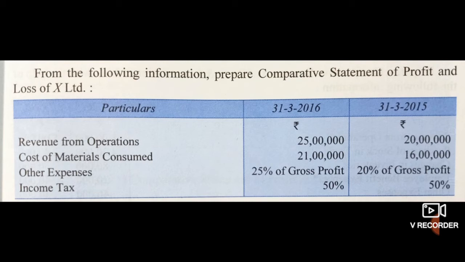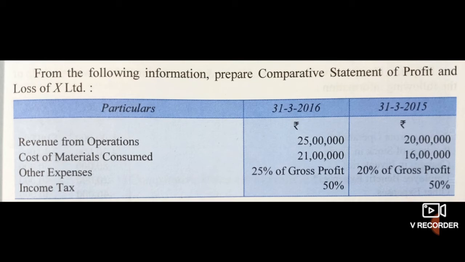Revenue from operations is given here, 25 lakhs and 20 lakhs. So in the comparative statement you have to write 20 lakhs and 25 lakhs because the figures of 31st March 2015 will be written in the first column and figures of 31st March 2016 in the second column. So 20 lakhs and 25 lakhs.